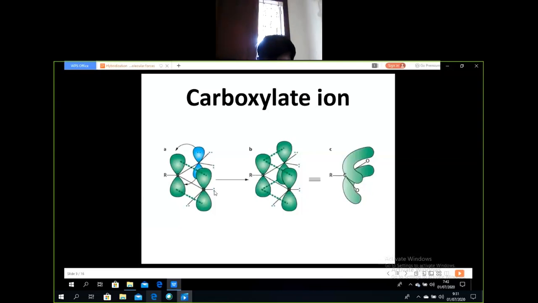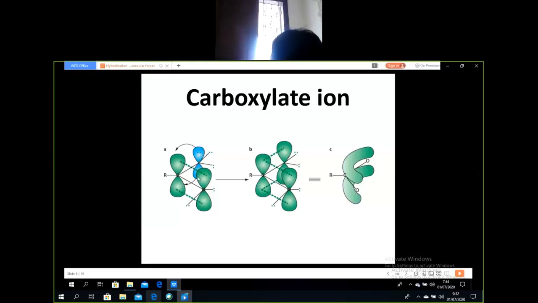Lone pairs. So this one here, you see the dotted line. This represents the overlapping of the p orbitals. And then this one is the overlap of the s orbital.